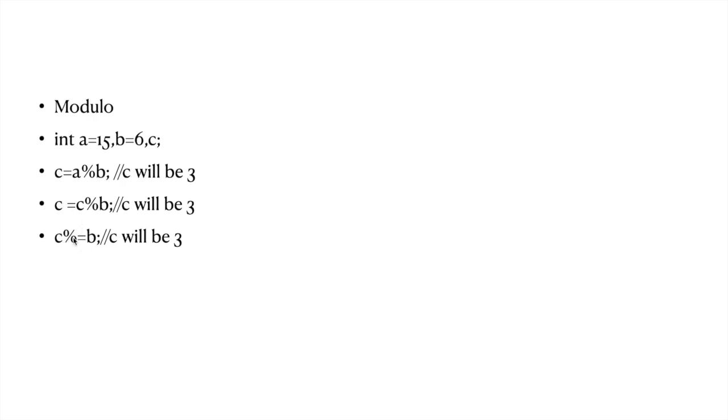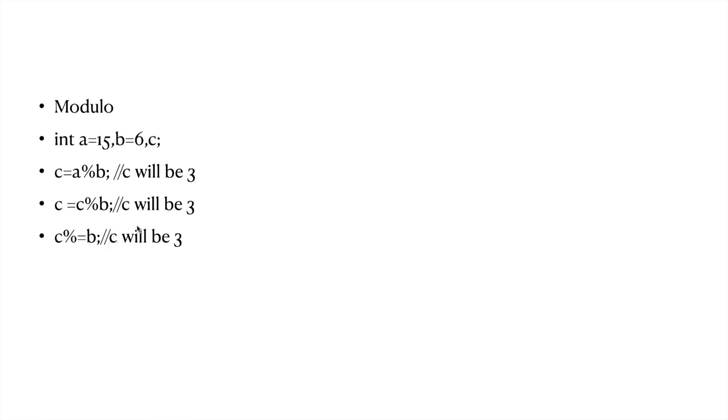So c %= b means c = c % b, like this one, and it assigns the modulo, or the remainder, of c to b back to c. So here we have 3. Say 3 modulo b means the remainder of 3 divided by 6. So that means 3 divided by 6 is 0, the remainder is 3, so 3 will be assigned here.